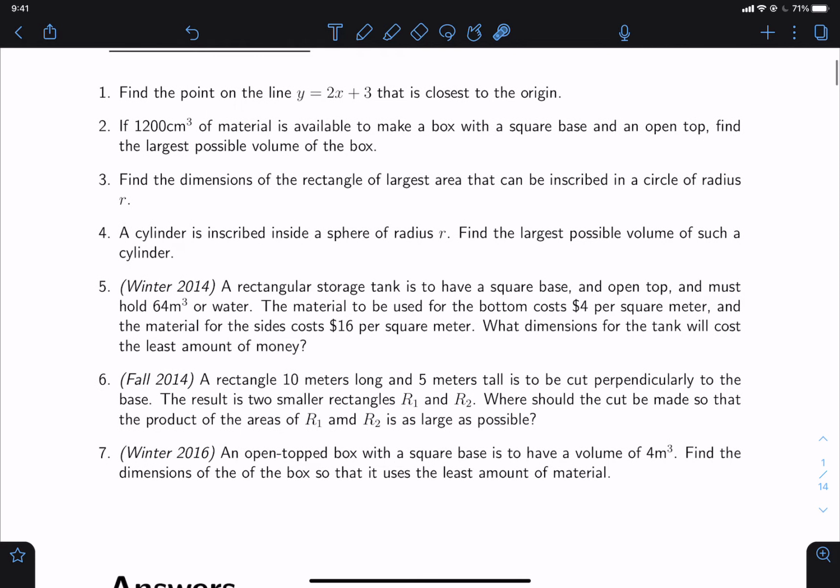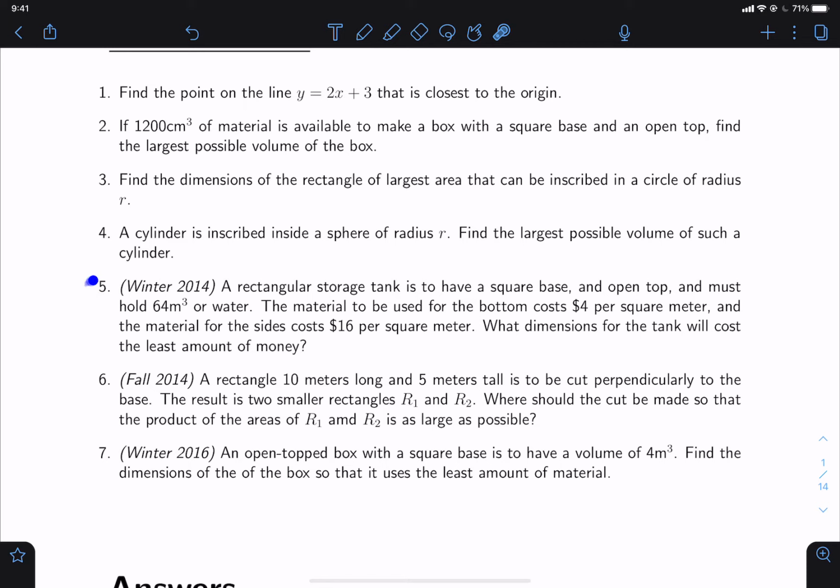So the model of this question is the same as question 2. You have an open top box, but in question 2, the amount of material you can use is limited, it is fixed, and you want to get the most volume out of it.